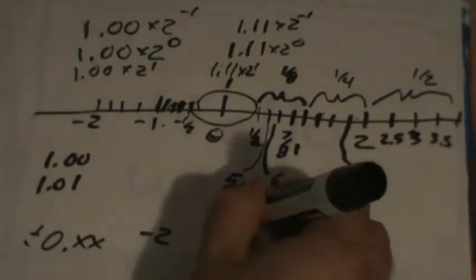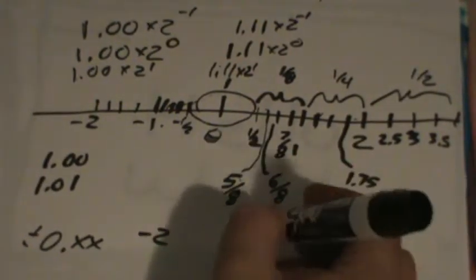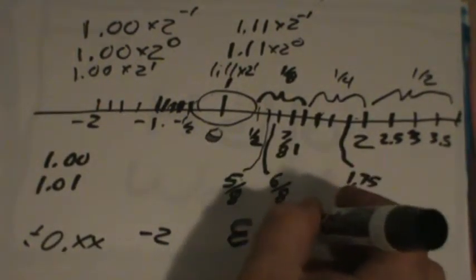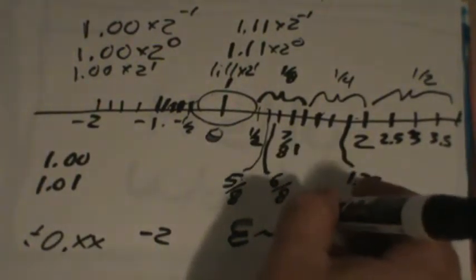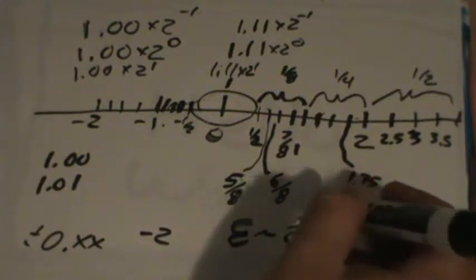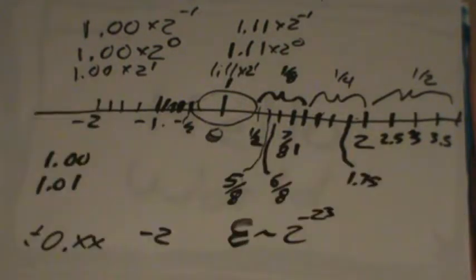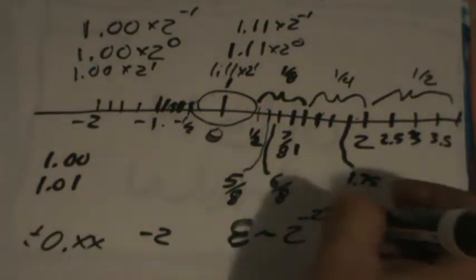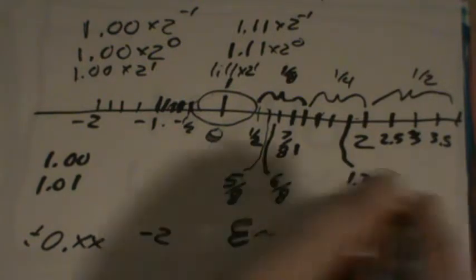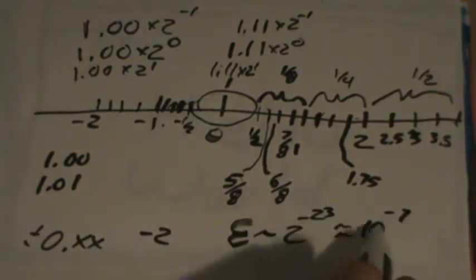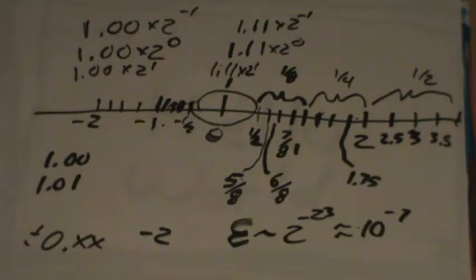Now, if we take a look at those epsilons for it, and I'm taking epsilon to be equal to, in this case, 2 to the minus 23rd power, you get around 10 to the minus 7th. Alright, so we call that 7 decimal digits of accuracy for a single precision number.